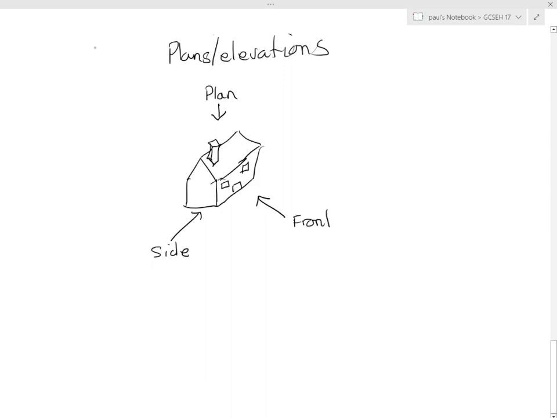Now be careful, because sometimes the side and the front get swapped around depending on the shape, so you'll have to work out what is what. And normally you would draw these on some squared paper, and you may get a scale of 1 centimeter equals 1 square or something like this.